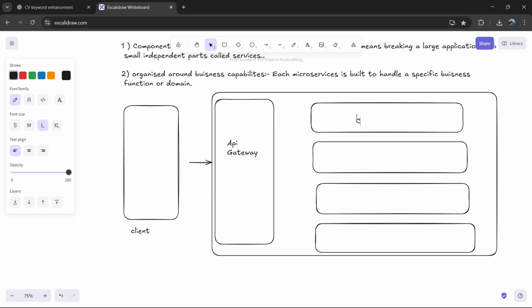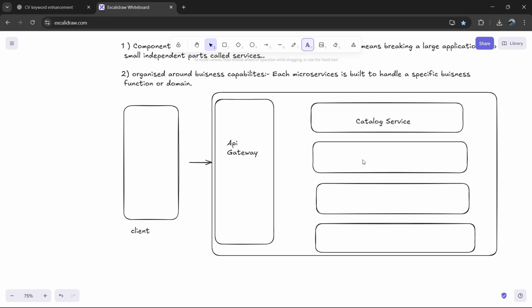Suppose this is the catalog service. In this service, we will only write the code which is related to this service, only the catalog service.